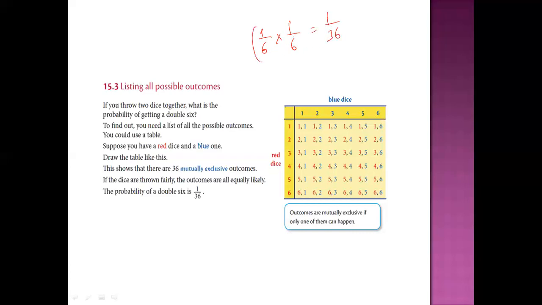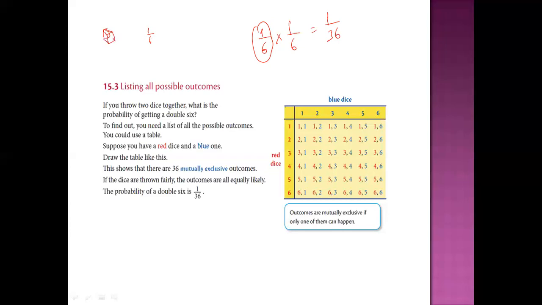What is the 1 over 6? Because in the first case, when you throw one dice, the probability of 6 or any of the numbers from 1 to 6, for example 1 or 3, 4, and so on, is 1 over 6 because in a dice we have 6 sides.